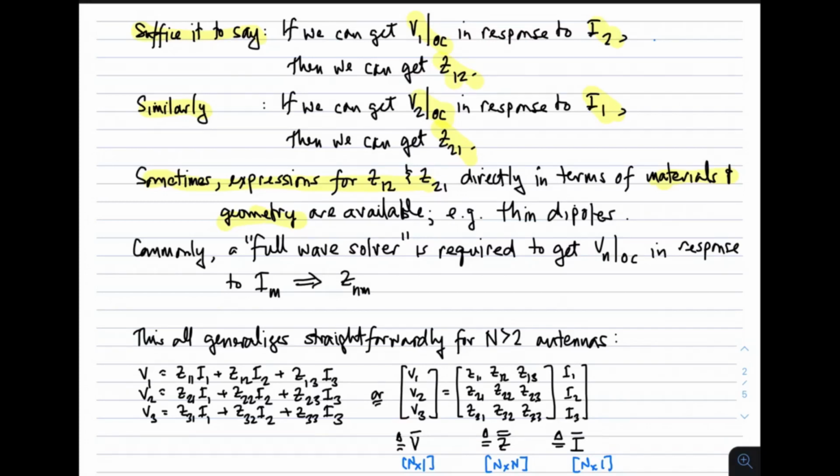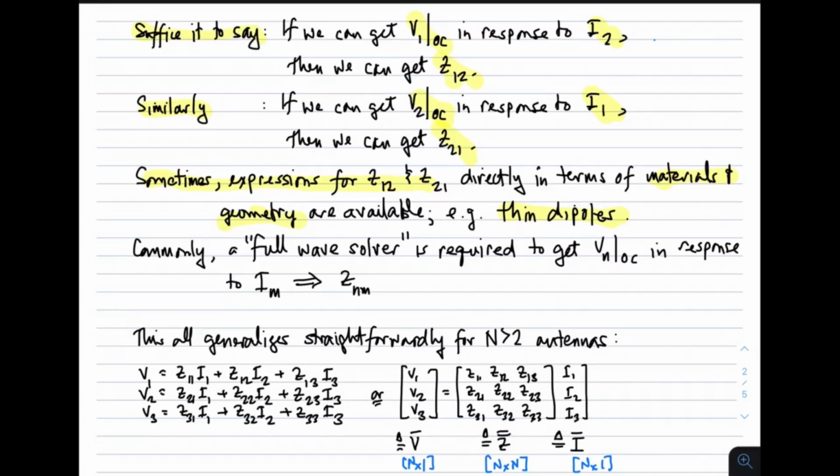So, for example, for thin dipoles, expressions exist that give you these mutual impedances directly in terms of the materials and the geometry of the problem. Because someone has already gone to the work of doing this experiment, at least mathematically, and then, of course, the response voltages and the stimulus currents disappear in the equations, and you're left with expressions in terms of materials and geometry.